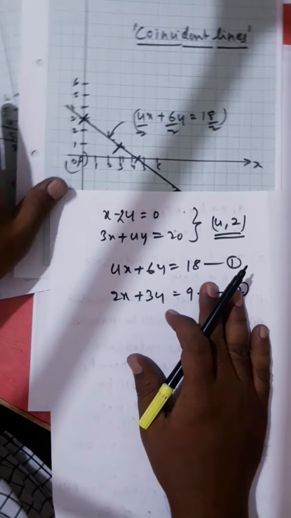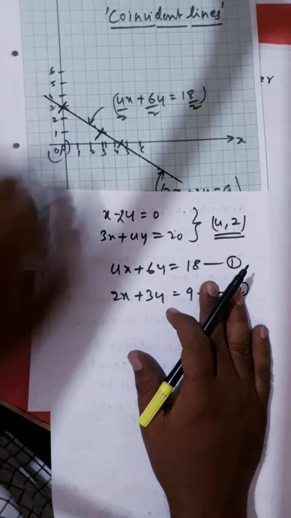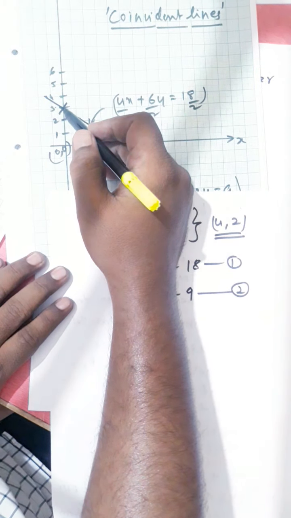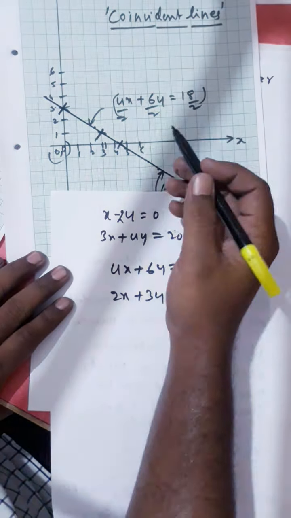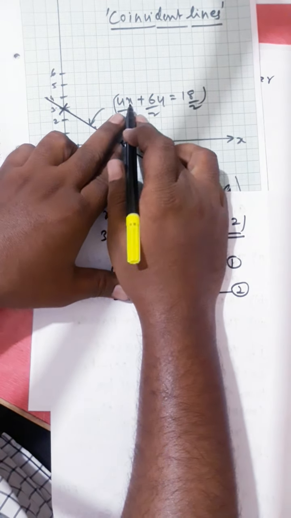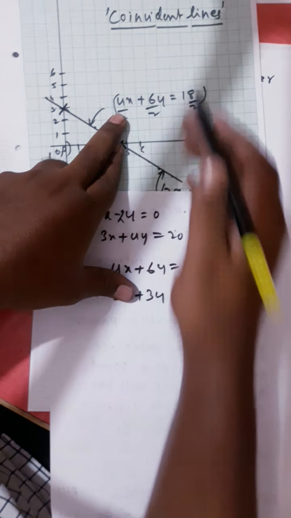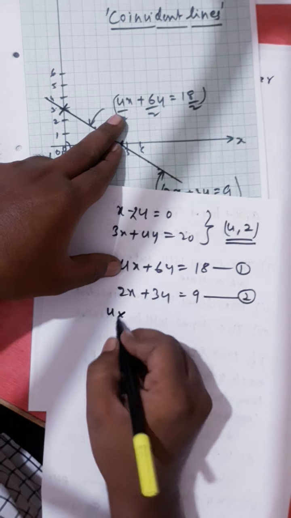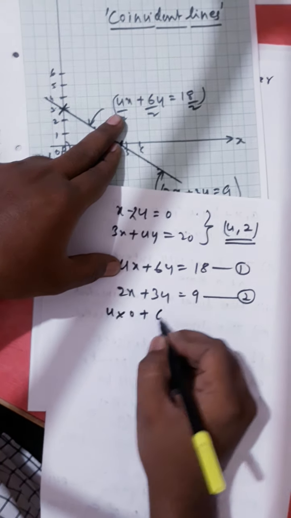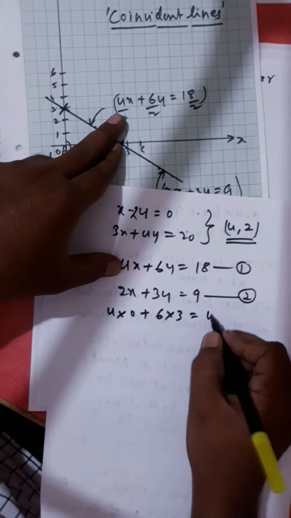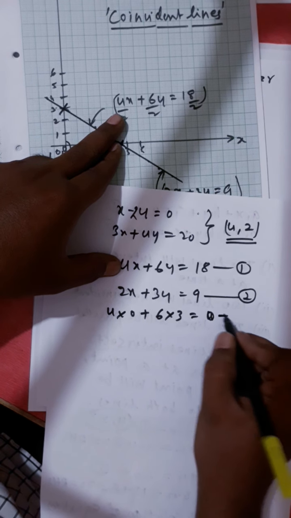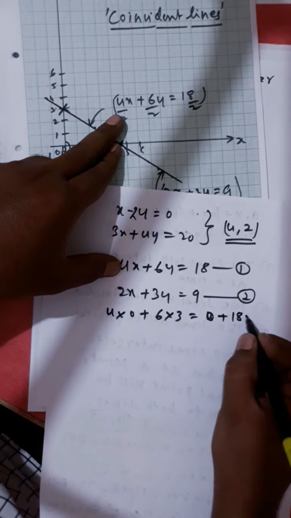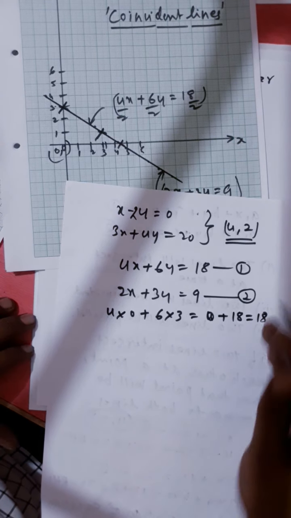Here the x is 0, y is 3. Then if you put x is equal to 0 and y is equal to 3, 4 into 0 plus 6 into 3 is 0 plus 18, which is equal to 18.